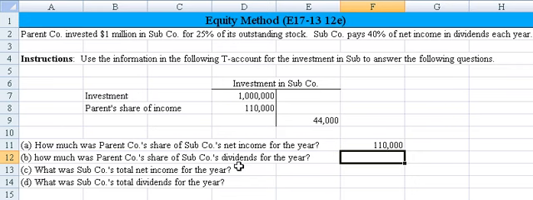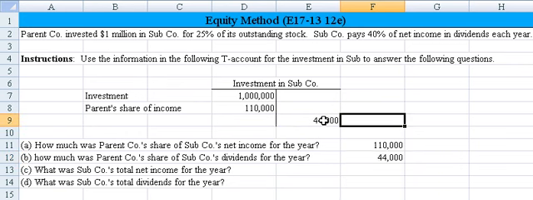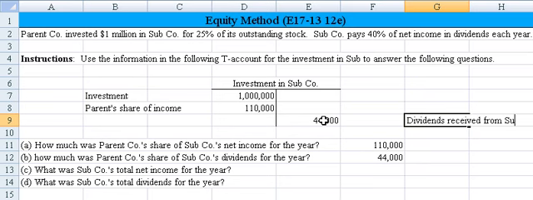So we would debit cash when we get a dividend and credit the investment account, and that's what that 44,000 is. So I'll put that there, and I will write over to this side that this is the dividends received from sub. Okay? And that may drift off the screen a little bit, but that's okay.